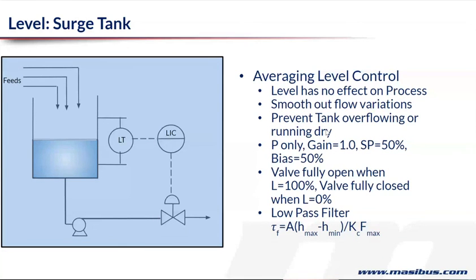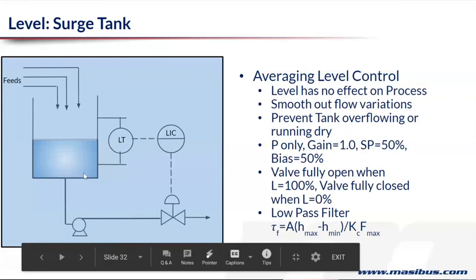So here you can again use P only, but you can use a gain of 1. Why a gain of 1? A gain of 1 will set a P band of 100%. That means at the top end of the P band, you want the valve to fully close, and at the bottom end of the P band, you want the valve to fully open.